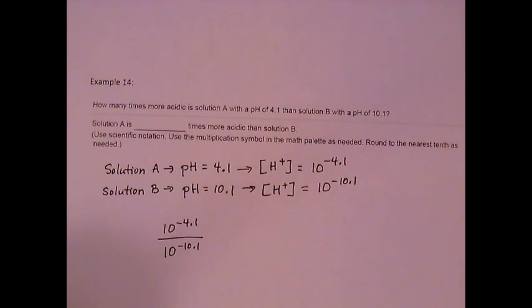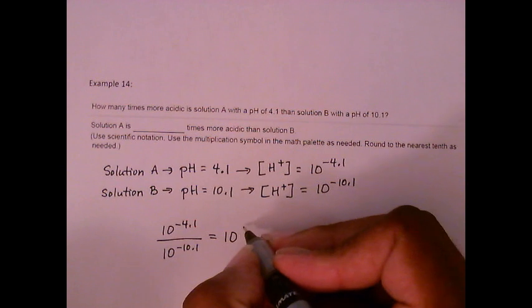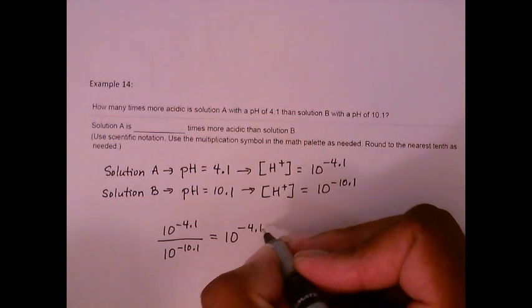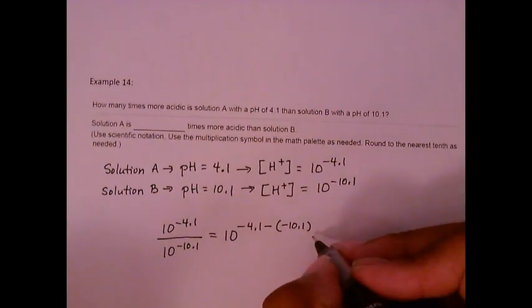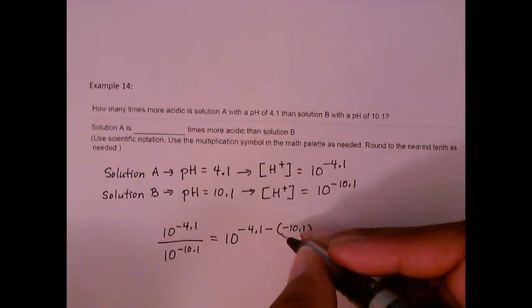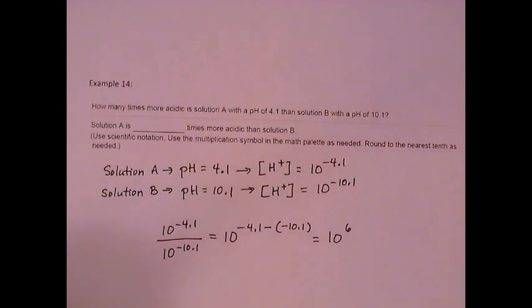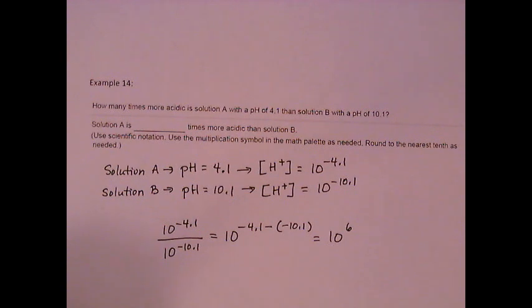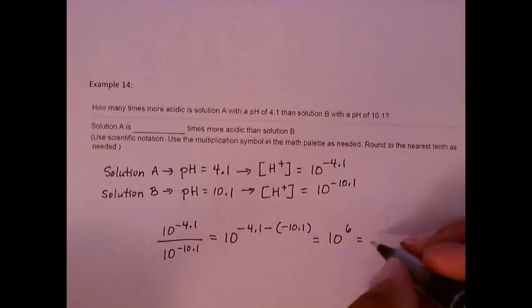Now when we divide powers of the same base, we subtract our exponents, so this will be 10 to the negative 4.1 minus negative 10.1. If you do negative 4.1 minus a negative 10.1 on your calculator, you're going to get 6. So it'll be 10 to the 6. Now again, they want that in scientific notation, but here there's no number in front of that.